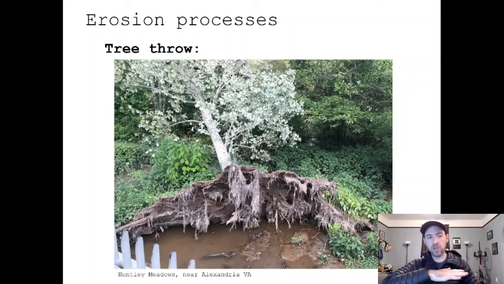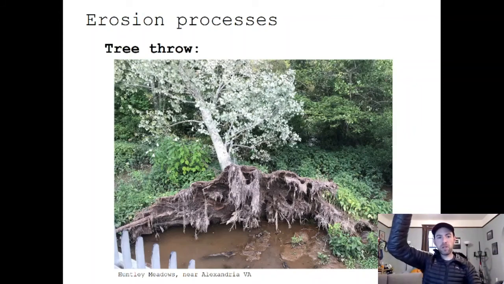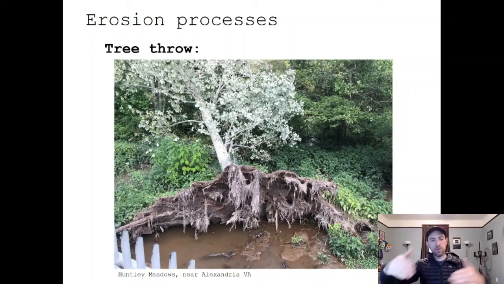And even if that tree falls uphill, the geometry or the mechanics of it, when the tree falls, it'll uplift a bunch of material, then that material will then drop over time out of the tree's root cluster onto the ground. On average, it will start to fall down the slope. Okay, and so that can result in erosion downslope as well.